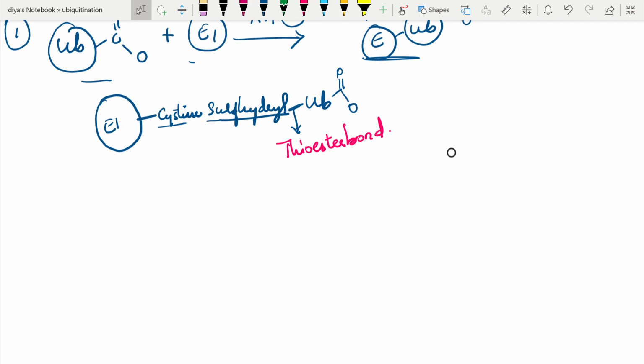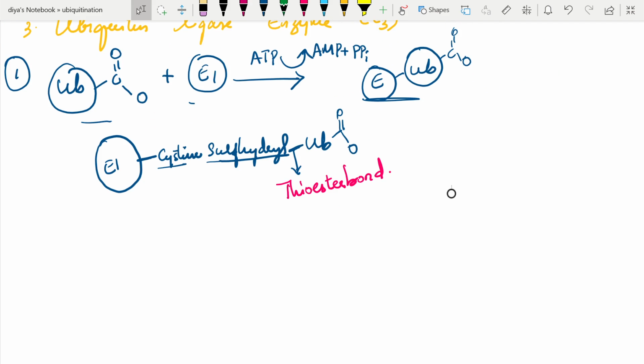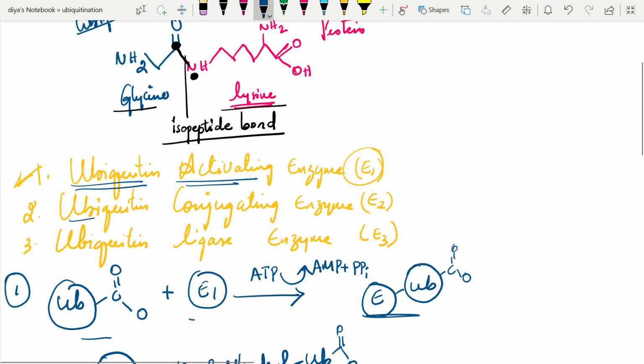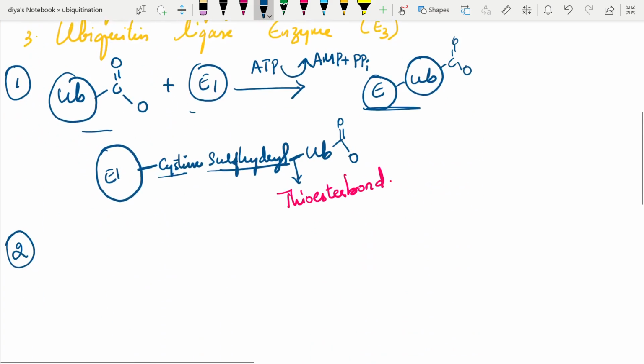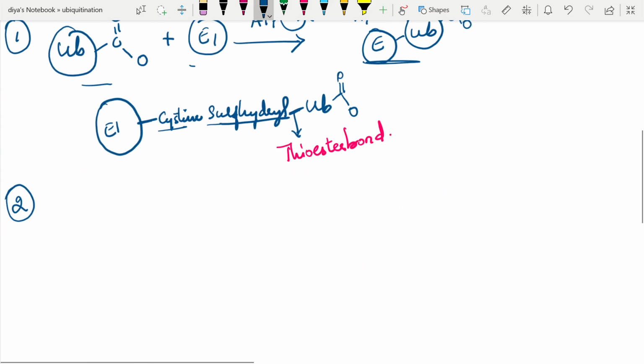The second step involves the ubiquitin conjugating enzyme, that is the E2 enzyme. So what happens here?